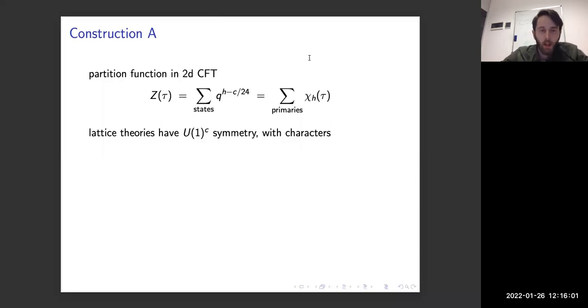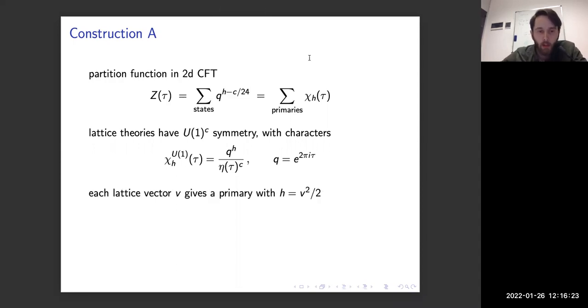Lattice theories, bosons compactified on a lattice, have U(1)^c symmetry, and you can show that the characters of U(1)^c symmetry have this form, q to the h over c, divided by the Dedekind eta function.